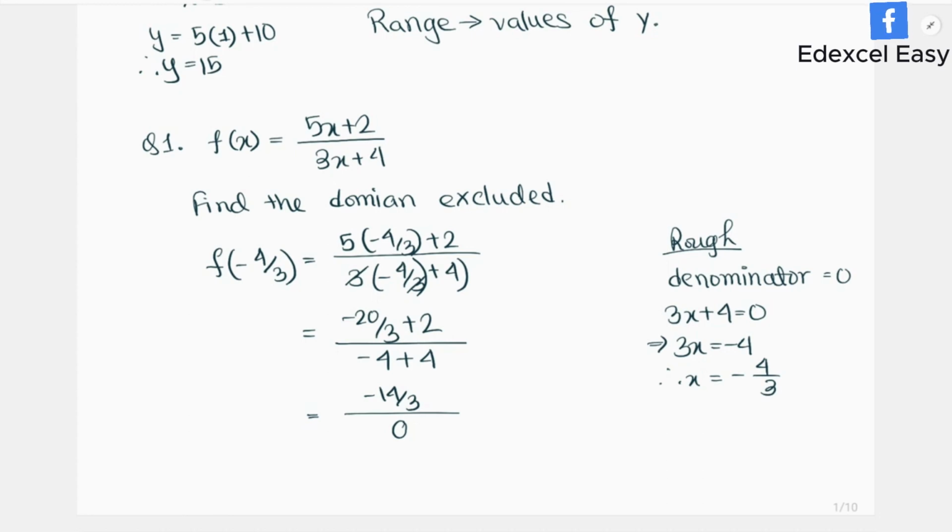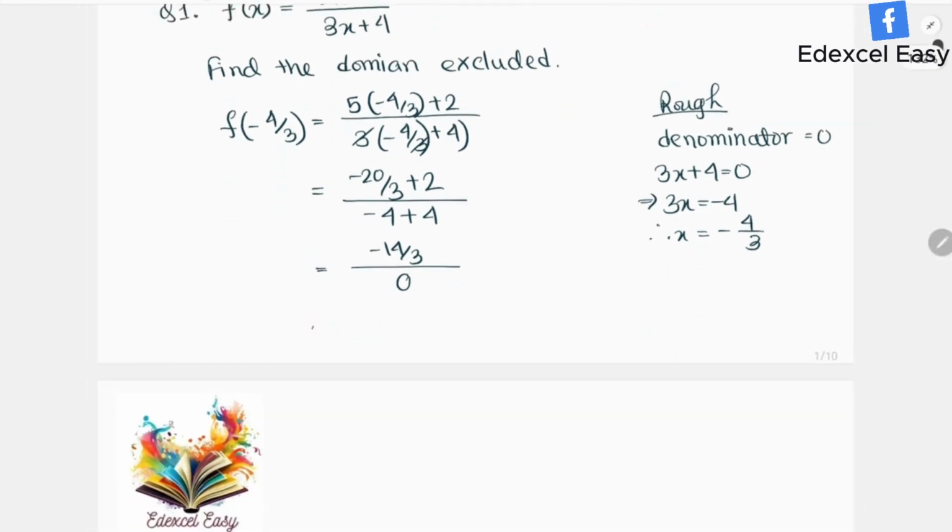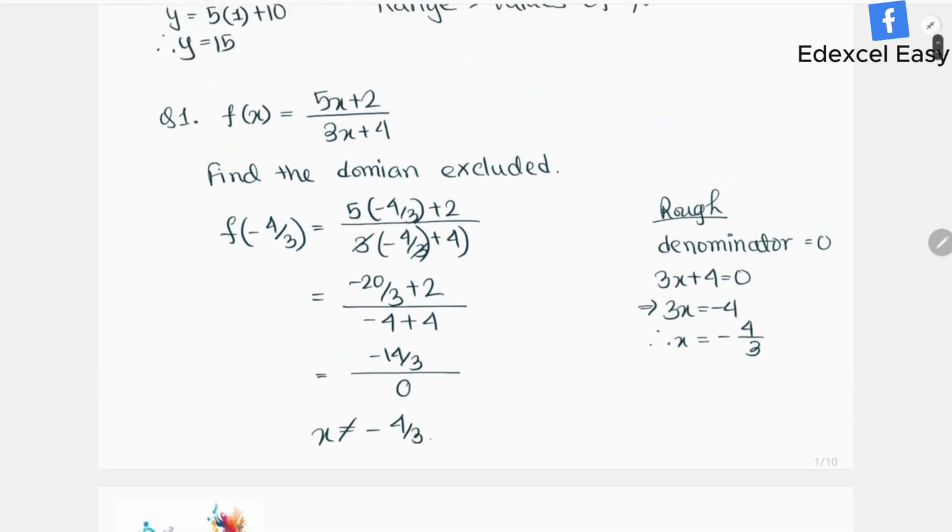So minus 4 by 3 is not in the domain for this equation. So you can write this down as x is not equal to minus 4 over 3. Okay, so this is how you do your maths for domain exclusion. So this was an example for domain exclusion.